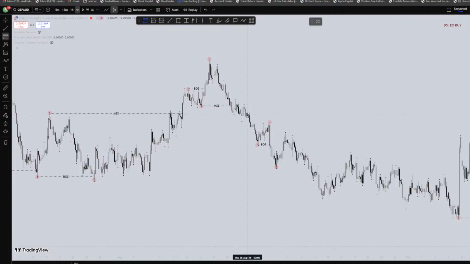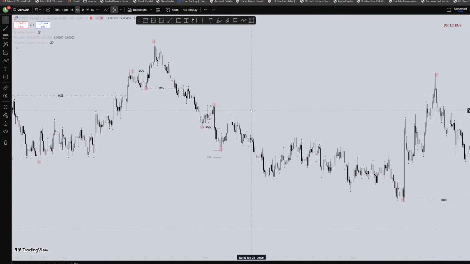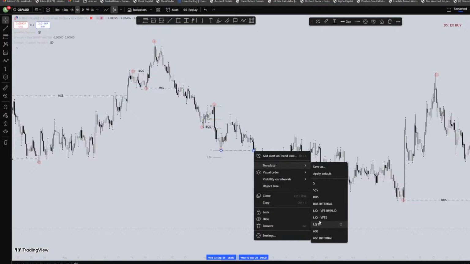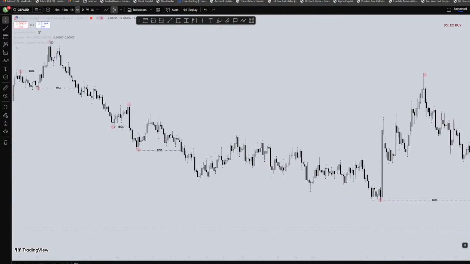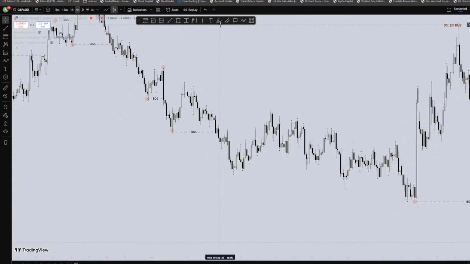So BOS, tapped in here to here, 0.25, melted further to here. Then now we have BOS and continued melting.